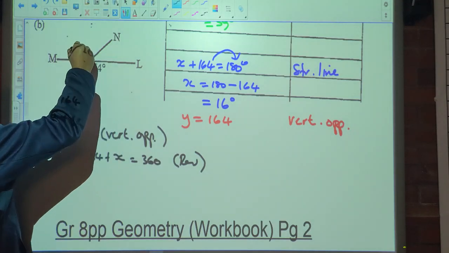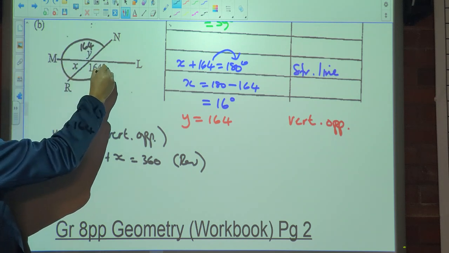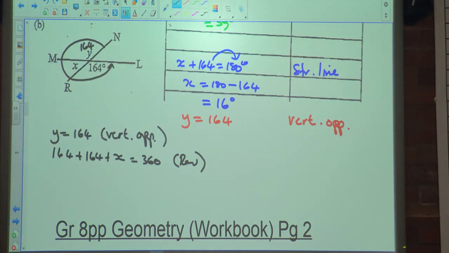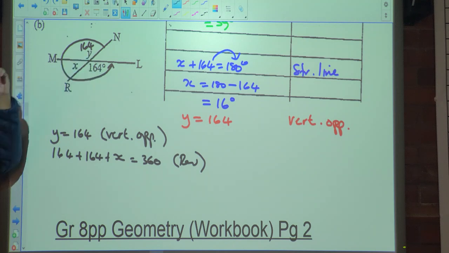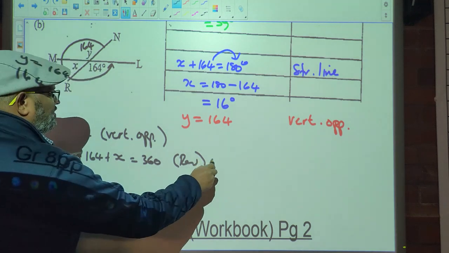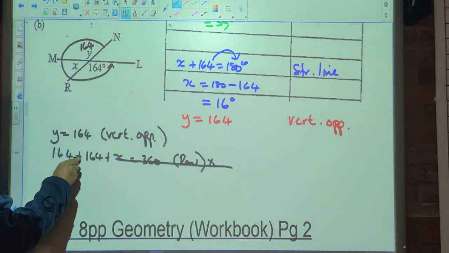Because remember 164 lies here now. 164 plus x plus 164. Is that the revolution? No. You shortened that angle. So there you're going to lose a mark. Even though your answer is correct from there, we don't mark on it.